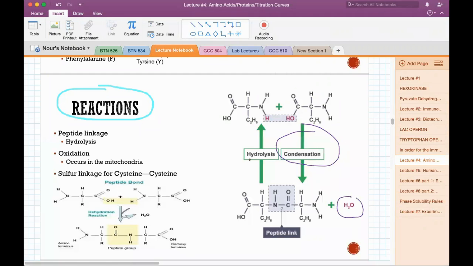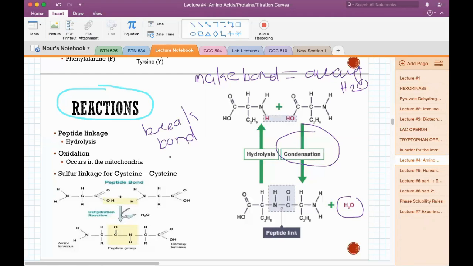To break a bond, you put in water. Hydrolysis is breaking of a bond the majority of the time, and hydrolysis means putting in water.